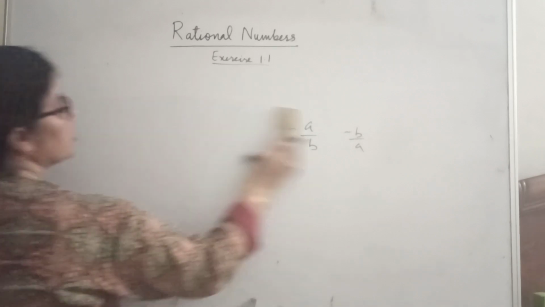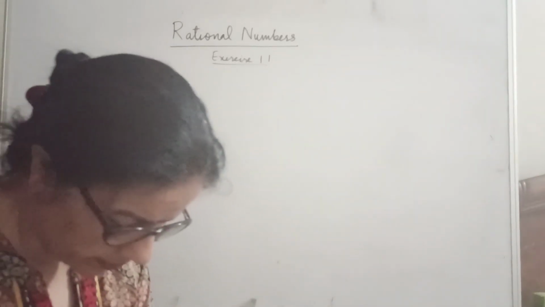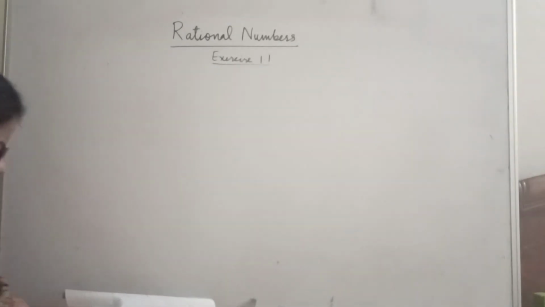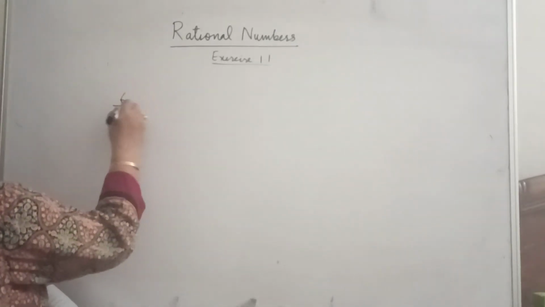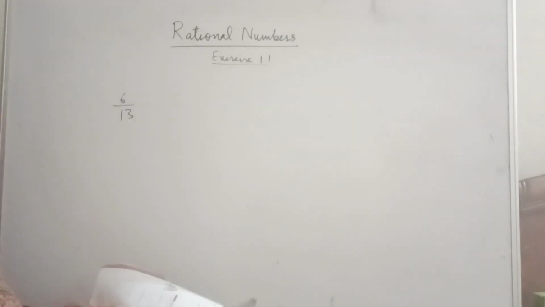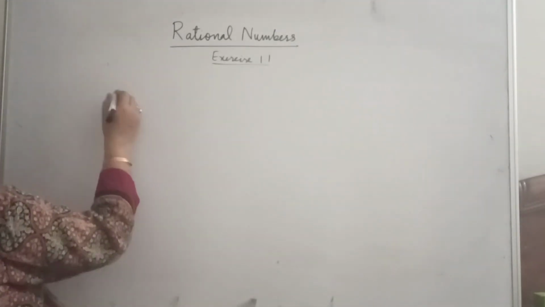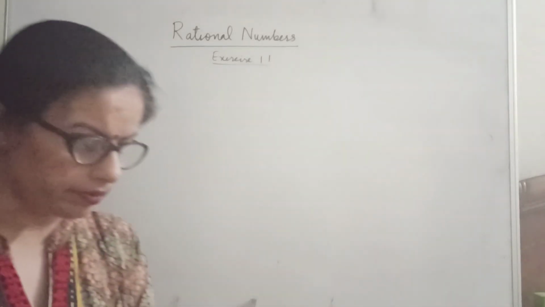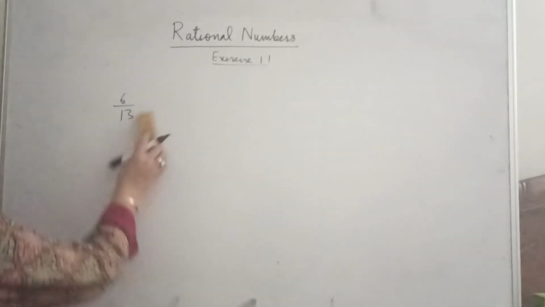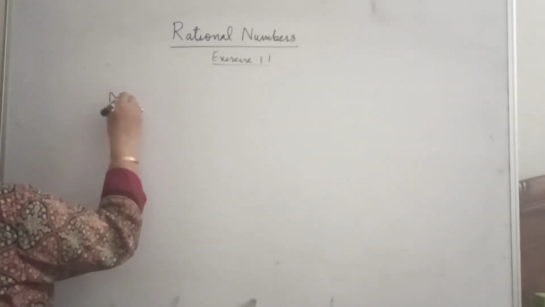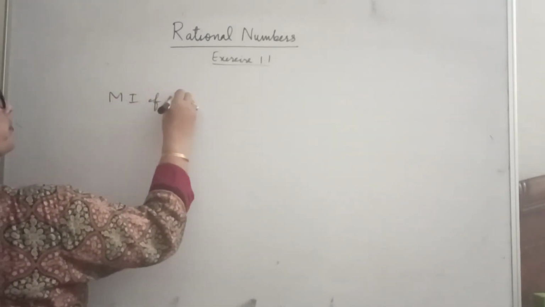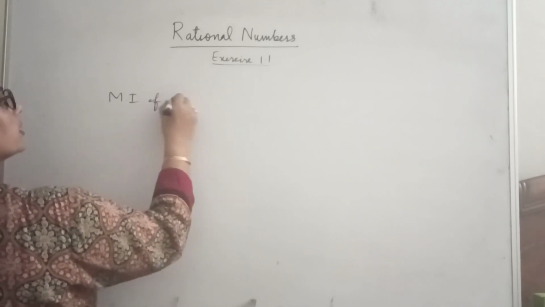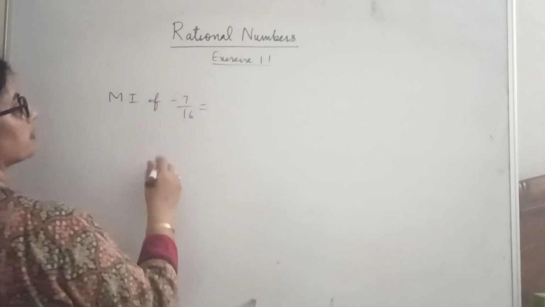Next is: multiply 6 by 13 with the reciprocal of minus 7 by 16. We want to multiply 6 by 13 by the reciprocal of minus 7 by 16. So first we will write the multiplicative inverse of minus 7 by 16. What is it?